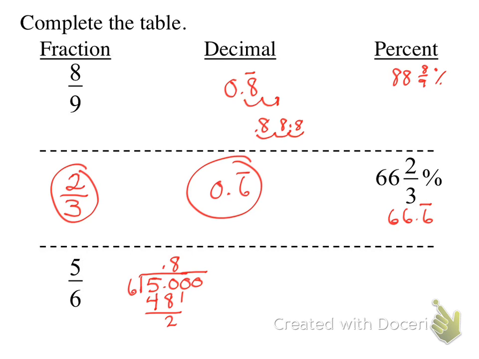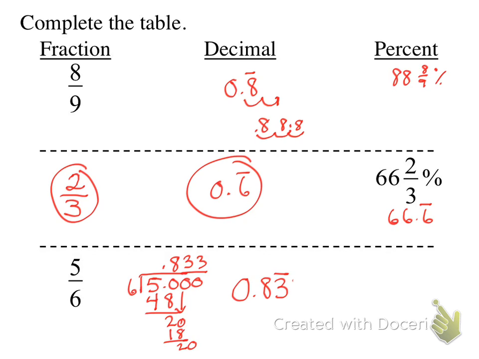I have a remainder of 2, bring down a 0. It goes 3 times. Remainder of 2, bring down a 0. It goes 3 times, so what do we know? 0.8 and then the 3's repeating. We're just going to put a repeat bar over the first 3.